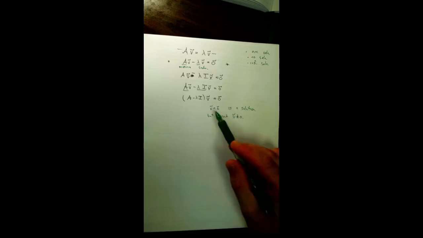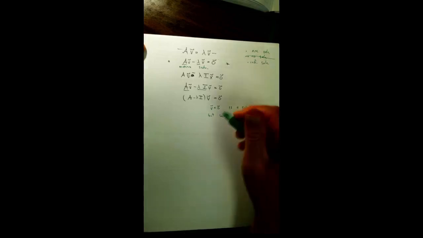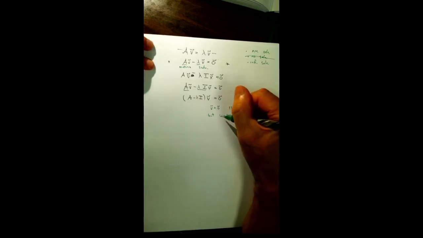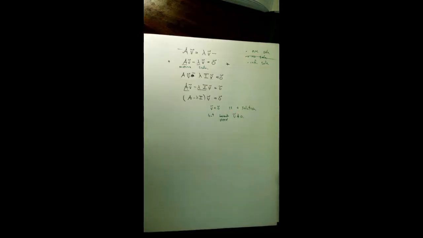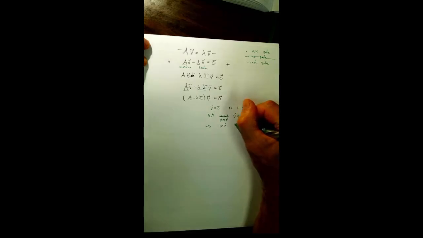I just established that there's at least one, so no solution is out. And my options are either one solution or infinite solutions. If V equals 0 is the only solution, that's bad. So I don't just want that. I need V not equal to 0, which means I need infinite solutions. If there are not infinite solutions to this equation, then everything has gone sideways and is not going to work.